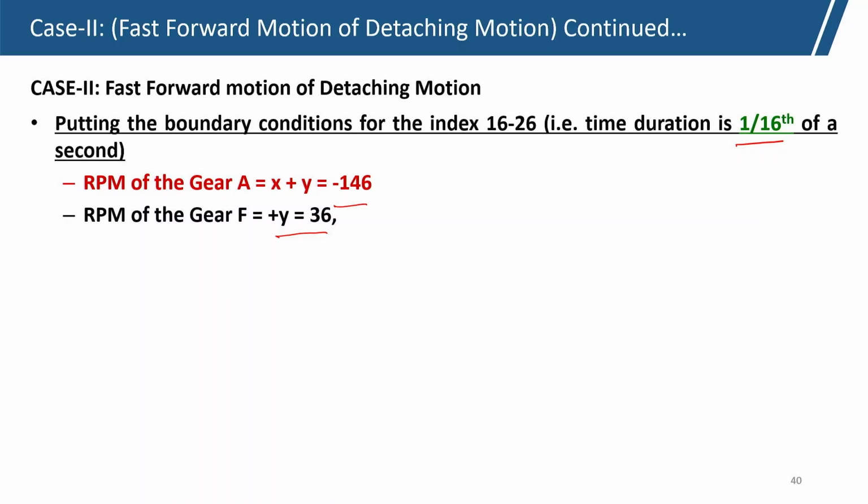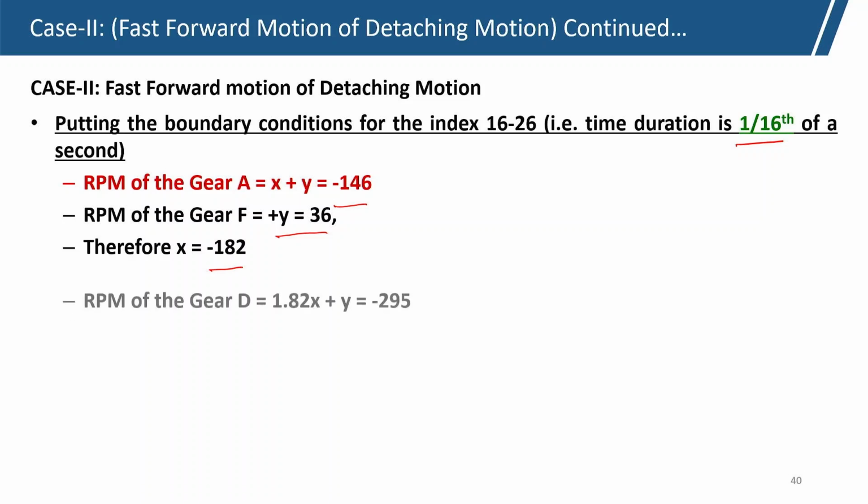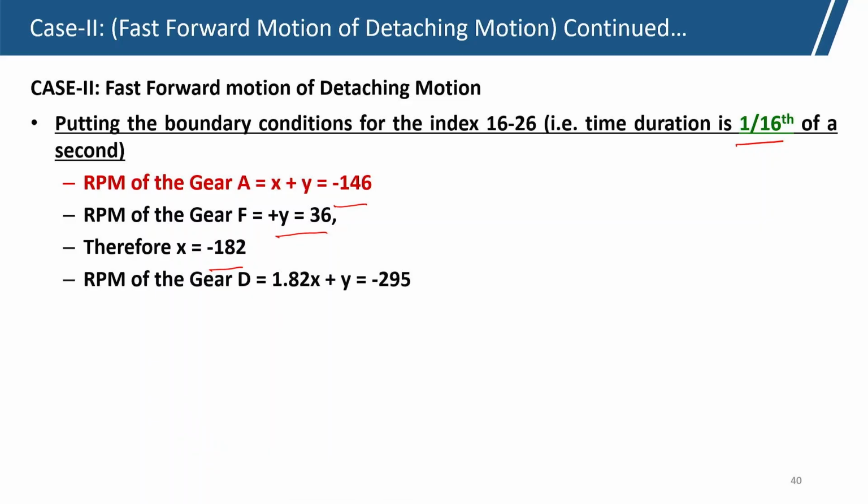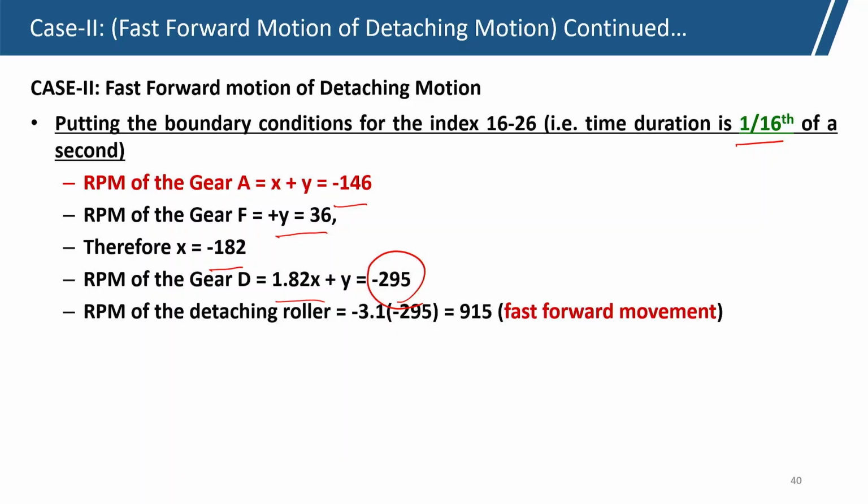From there we can calculate x, x is becoming minus 182, and RPM of gear D using the same formula 1.82 x plus y, it is becoming minus 295, and then if we get the gear ratio minus 3.1.